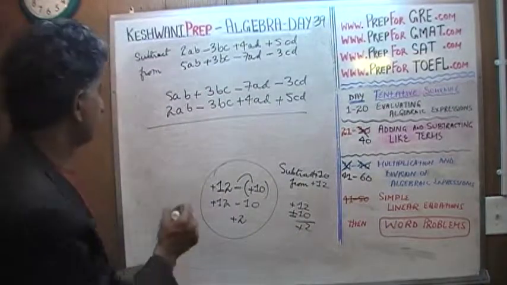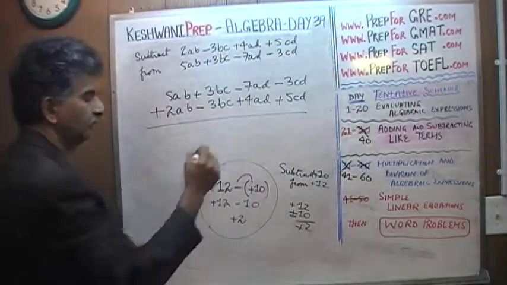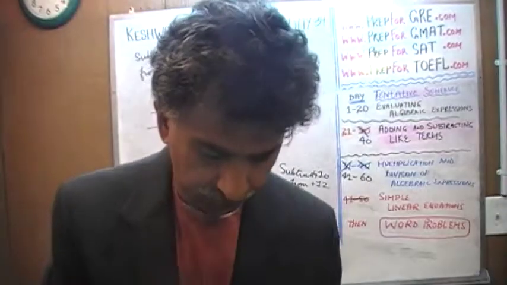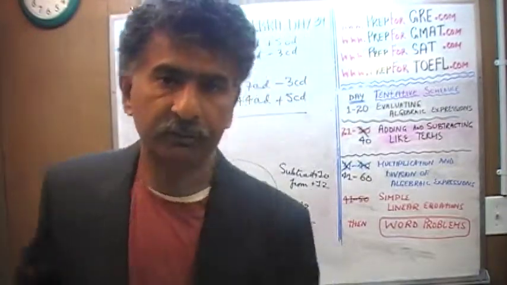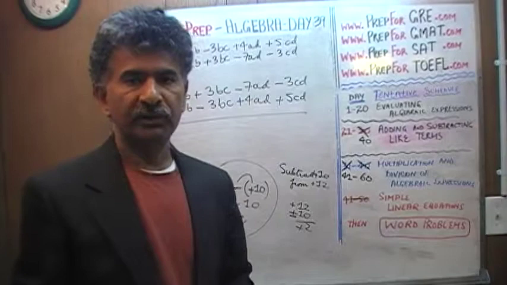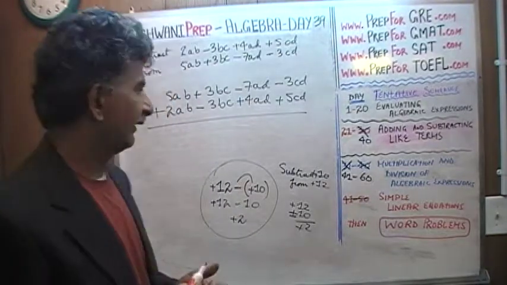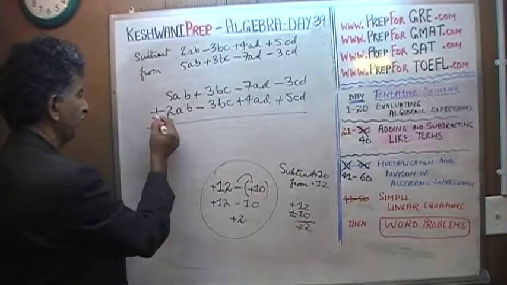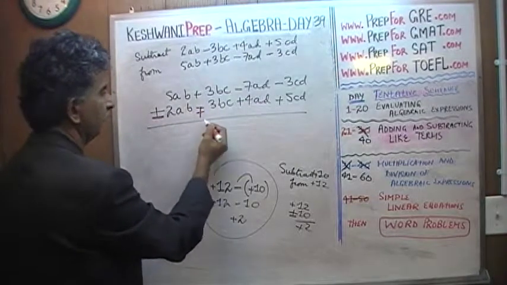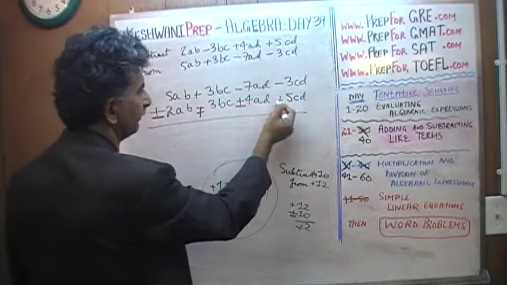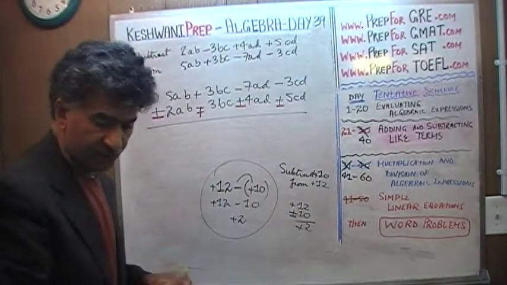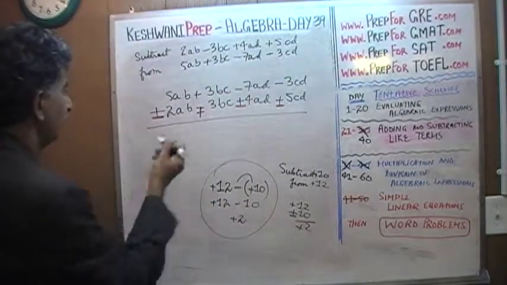Same exact thing is going on here. All the signs of the coefficients of the bottom expression have to be changed, and after the signs are changed, we simply add the coefficients. So this positive 2 becomes a negative 2, this negative becomes positive, this positive becomes negative, and this positive becomes negative. Now that the signs are changed, all we have to do is add up the coefficients.